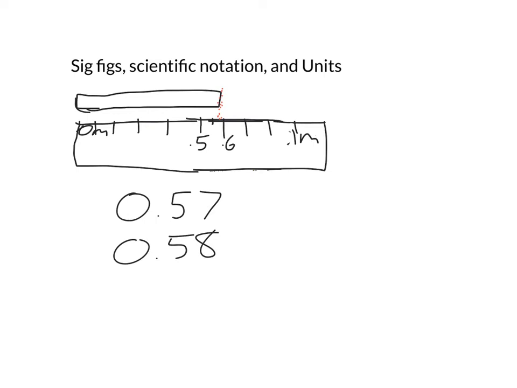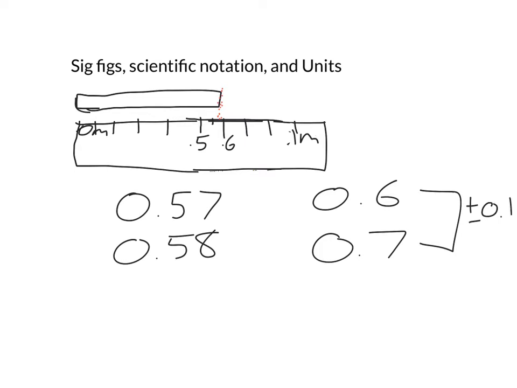But we're getting more accurate. If you notice, the first guess I made was 0.6, but I said it could also have been like 0.7. Those are off by 0.1. These two guesses have a margin of plus or minus 0.1. These two guesses have a margin of plus or minus 0.01. So we've gained precision here. We have a more precise answer.